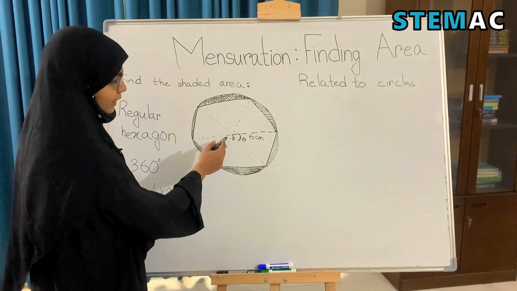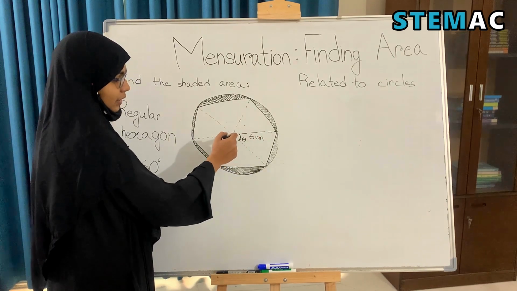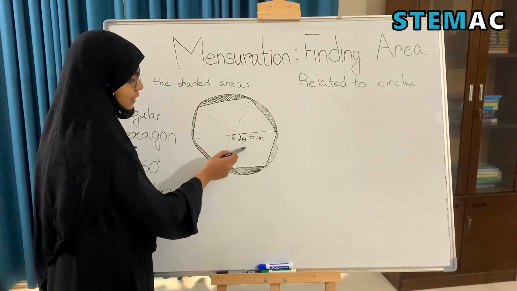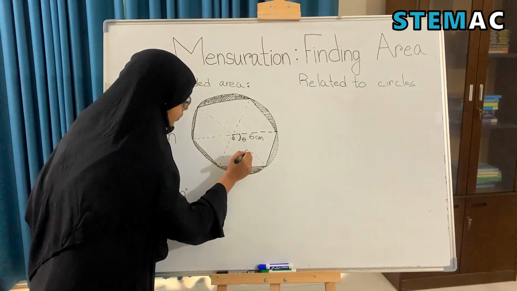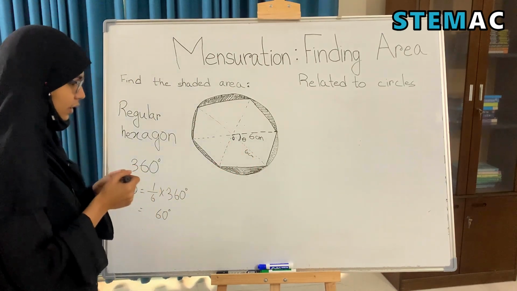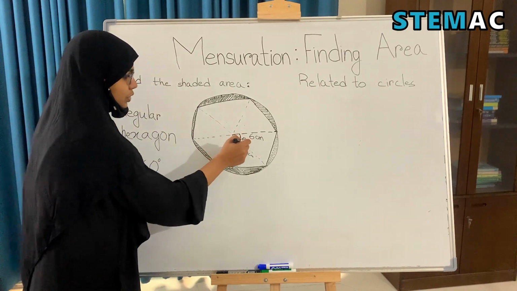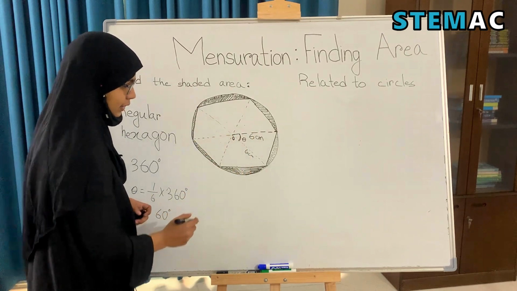I said that the radius of the circle is 6 centimeter. It's mentioned here. So this side is 6 centimeter. In a triangle, if we know the two sides and the angle between them, we can find the area of the triangle.